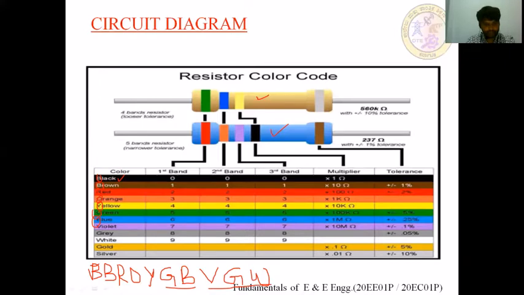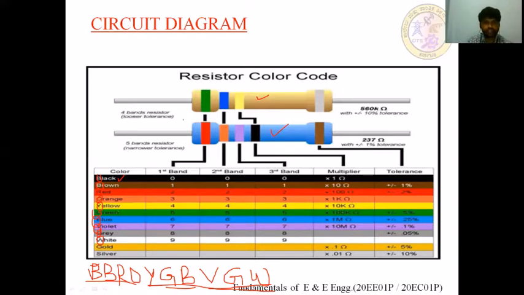VGW: first letter V, next is G, another is W. So by this statement, by this line, we can remember the color values. Black means 0 value, brown means 1. Like that, you have to remember the corresponding value of the particular colors.